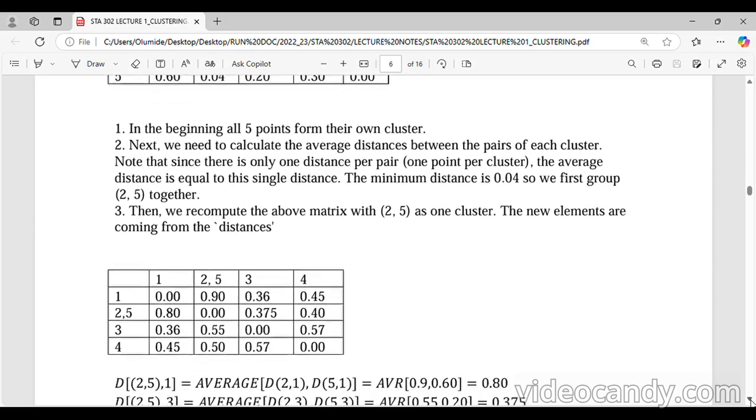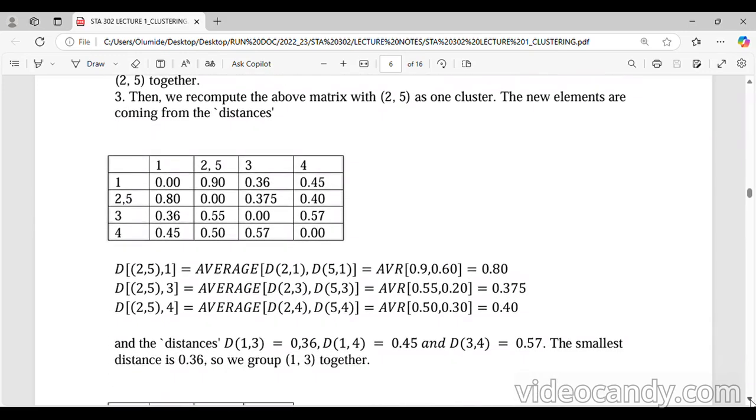The average, 0.9 plus 0.6 divided by 2, gives us 0.80.